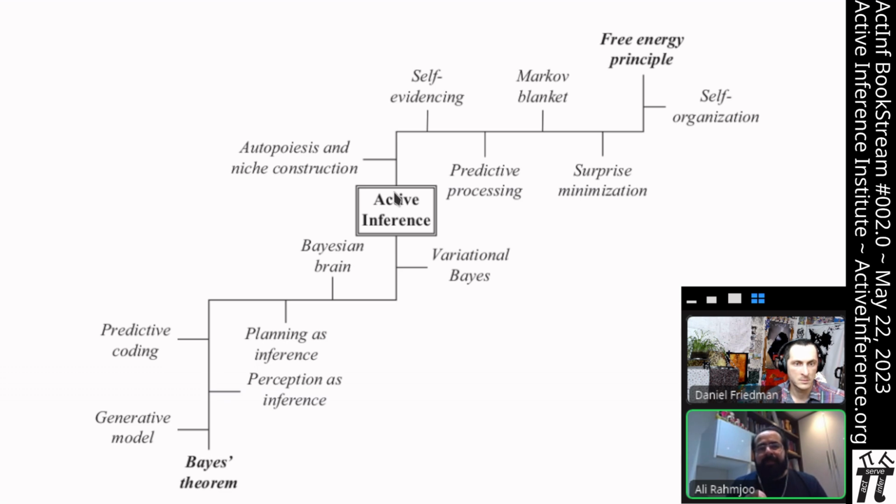So I believe the main thing that sets active inference apart from all the other related theories, such as predictive processing and predictive coding, is the very deep integration of action and perception. Action is not just some afterthought or additional component that needs to be accounted for. It is deeply woven into the fabric of the theory.